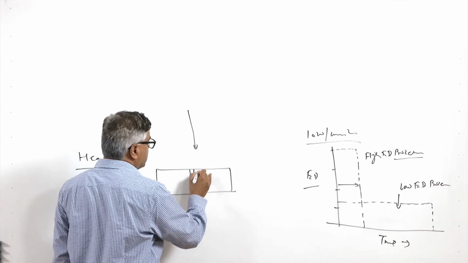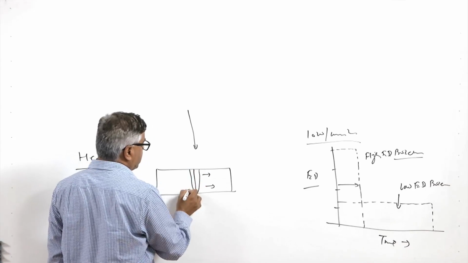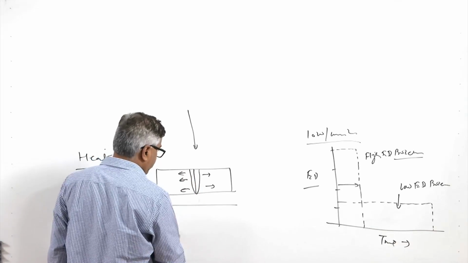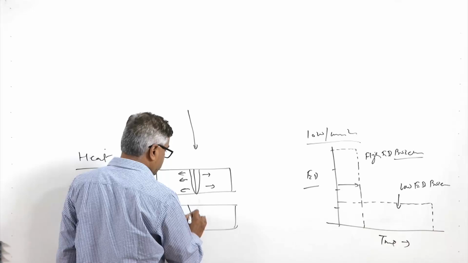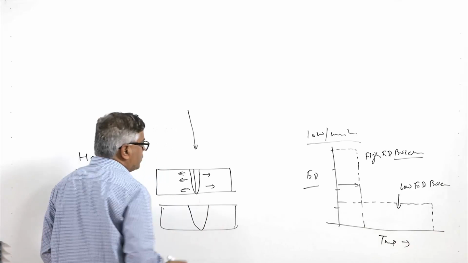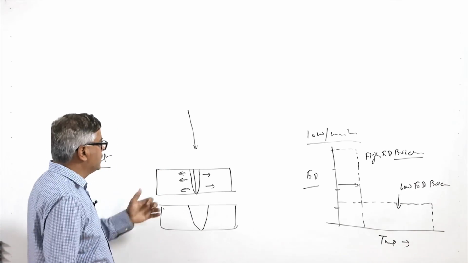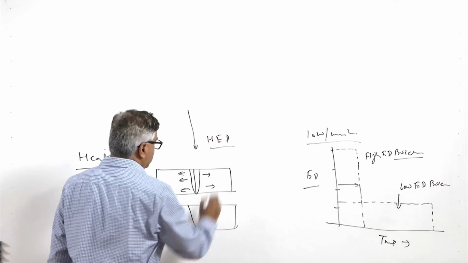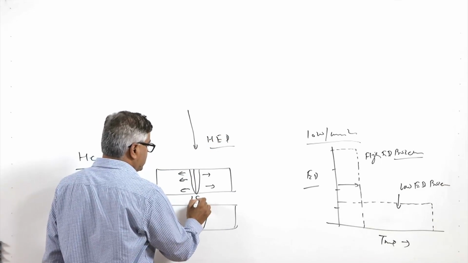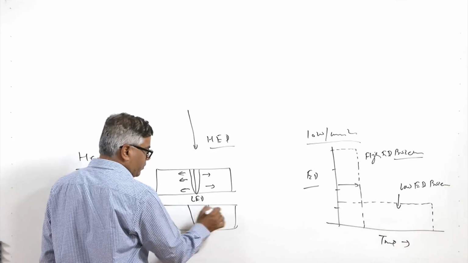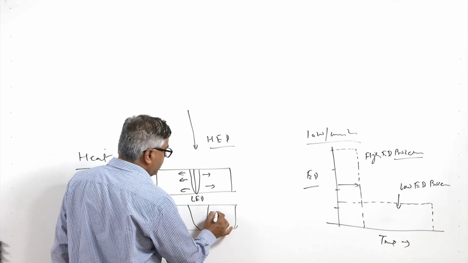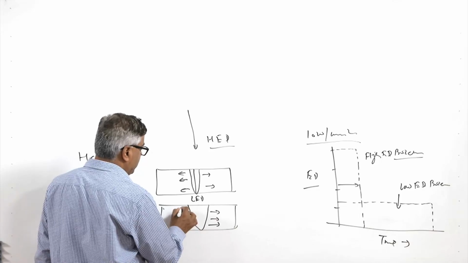So the dissipation of heat to the base metal will be less as compared to the low energy density process, which takes longer, so a lot of heat will be dissipated to the base metal.